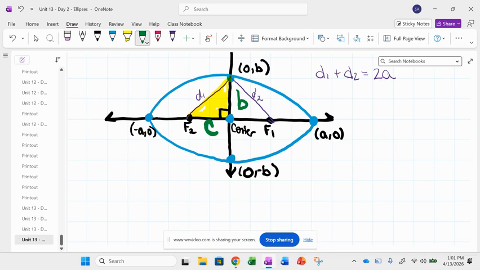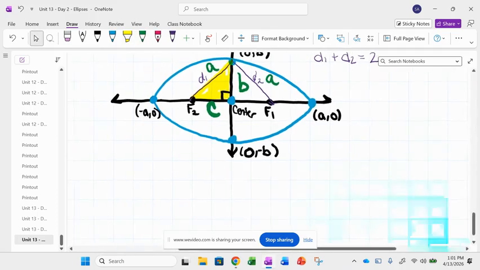From F2 to our center is c units. We don't know what that is. And from F2 to 0, b, since d1 plus d2 is 2a, that means these are each a units long.